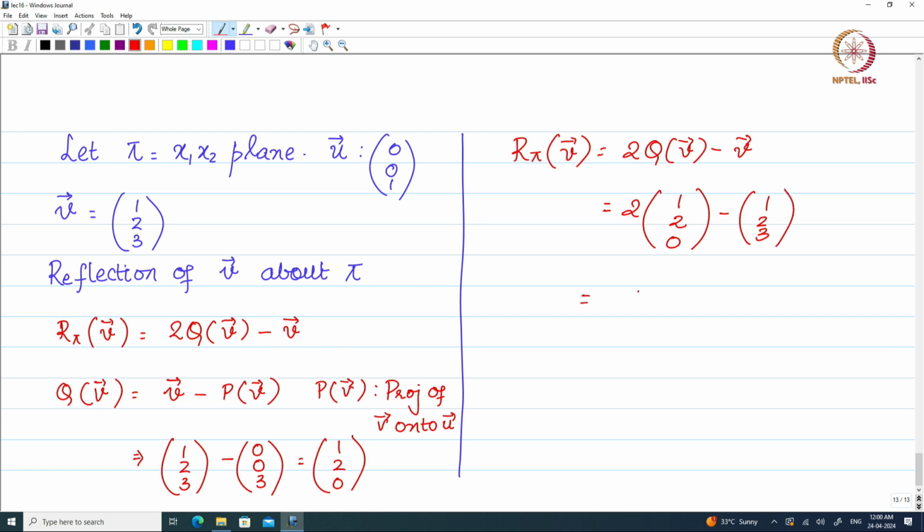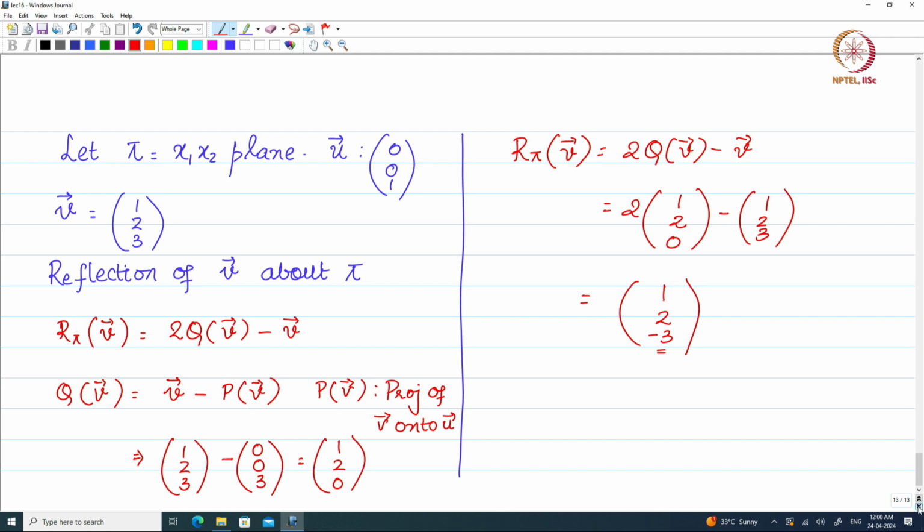So, I am going to have 2 times 1 minus 1, which is 1, 2 times 2 is 4, 4 minus 2 is 2, 2 times 0 minus 3 is minus 3. Oh, that is exactly what we see here. 1 2 minus 3 is the reflection of this vector v about the x1 x2 plane, because if you look at this intuitively also, the x1 x2 plane basically separates the negative z axis from the positive z axis, and therefore, only that component changes here, right.